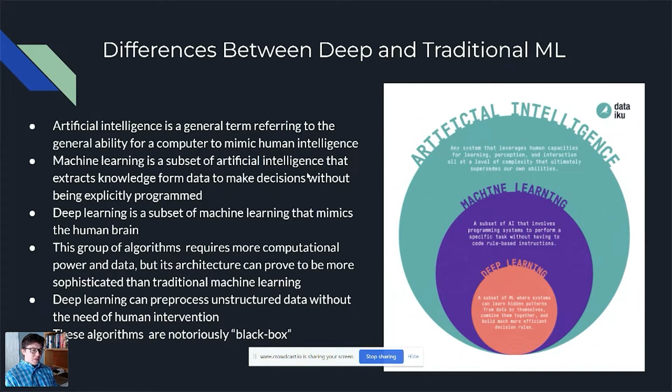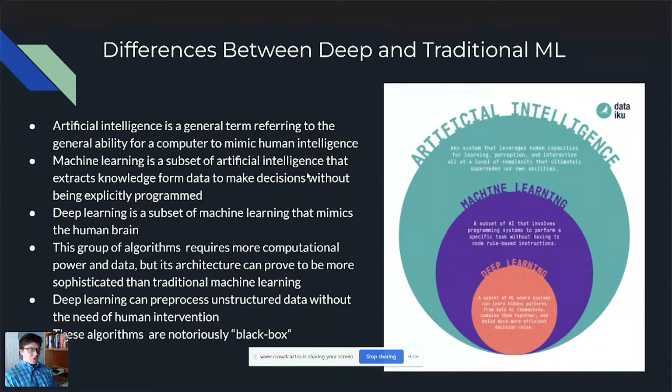The difference is that deep learning is typically known to require far more data than traditional machine learning methods like random forests. They're also a bit more sophisticated in their architecture, and they're able to very readily pre-process unstructured data like images without the need for excessive human intervention.